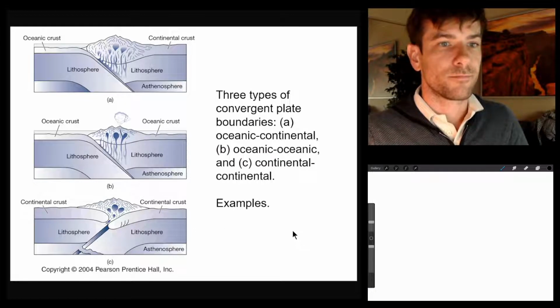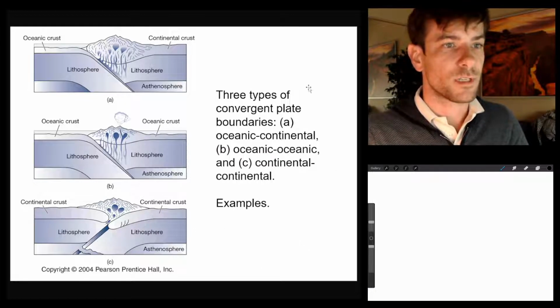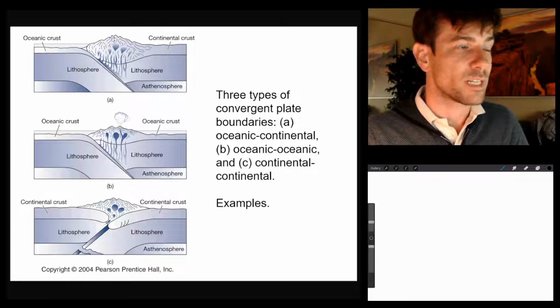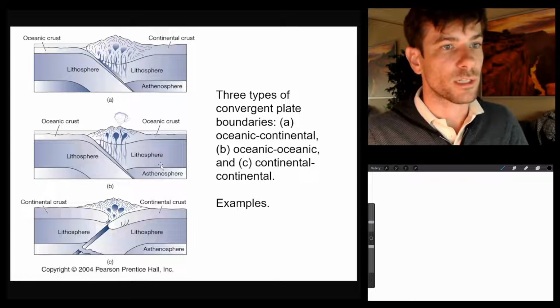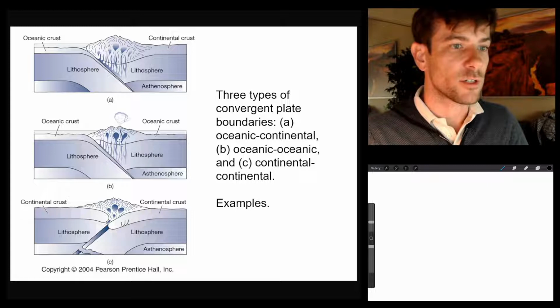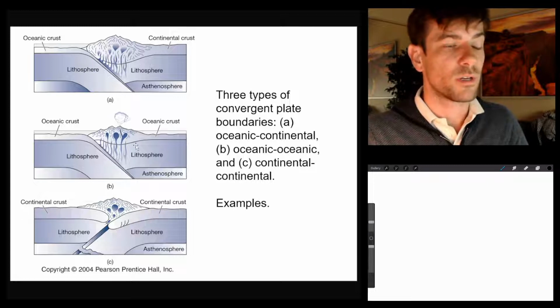All right. So again, this is just another description of the same 3 types of boundaries. We have ocean crust being subducted beneath continental crust, leading to magmatism or volcanism. Right? You can have ocean crust subducting beneath ocean crust, in which case you're still going to get that volcanism or magmatism, but it's going to create islands rather than mountains, if you want to split hairs there.